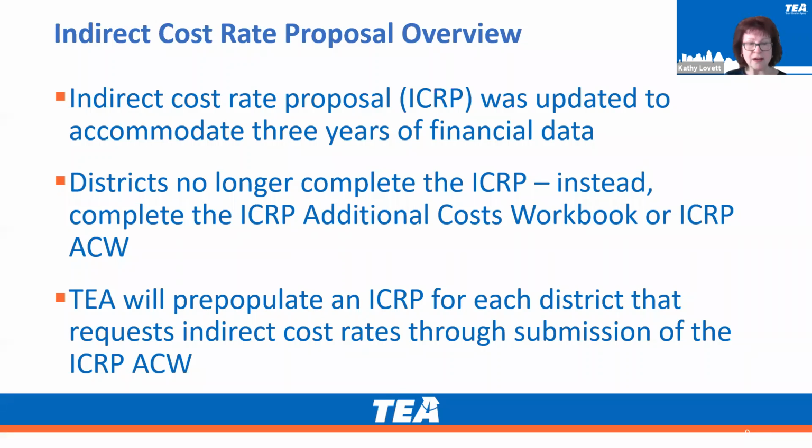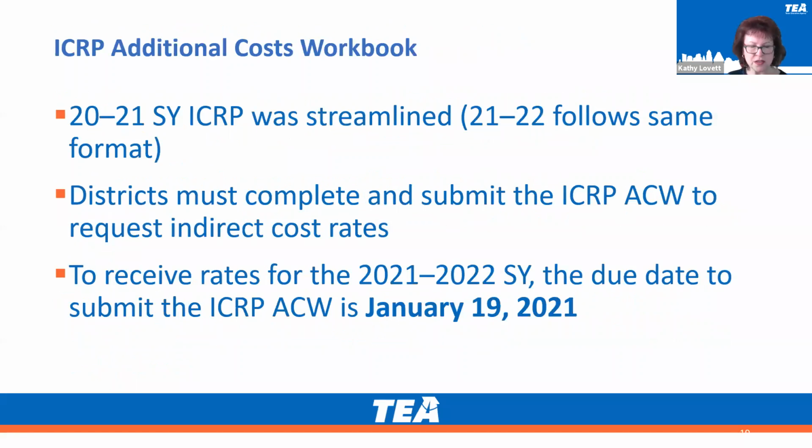Because districts are required to request rates, and because TEA needs a small amount of additional cost information for the ICRP, the procedure was changed so that districts request indirect cost rates for 21-22 through the submission of the additional cost workbook. TEA then does the next step of pre-populating an ICRP for each district that requests indirect cost rates through submission of the ICRP ACW.